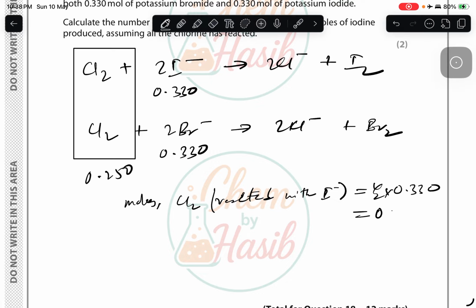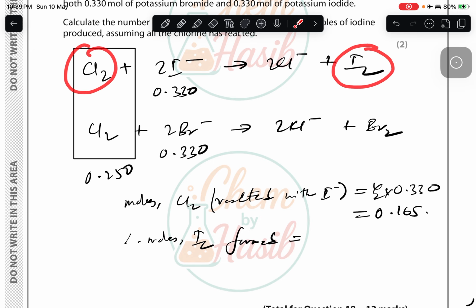This is the number of moles of chlorine that actually reacted with I minus. So therefore, moles of I2 formed: the mole ratio of chlorine to I2 is 1:1, so the moles of iodine formed will be the same, 0.165.